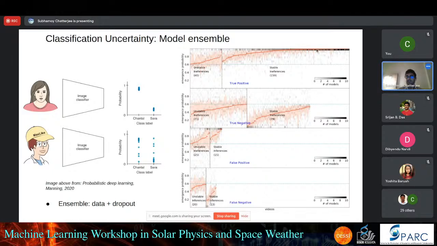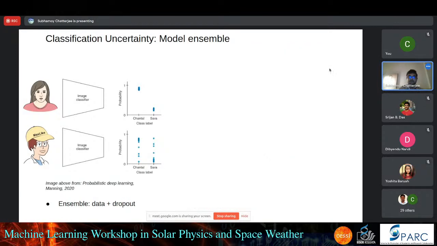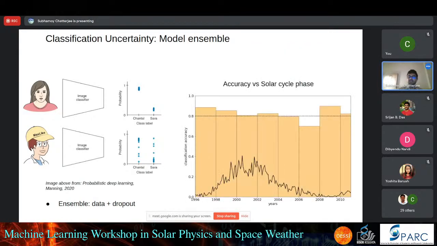The darker the pixel is, the higher the number of models saying that the probability is within that bin. This is what we find. And also if we break our test set into solar cycle phases, we don't find any systematic effect on the classification accuracy of the model.